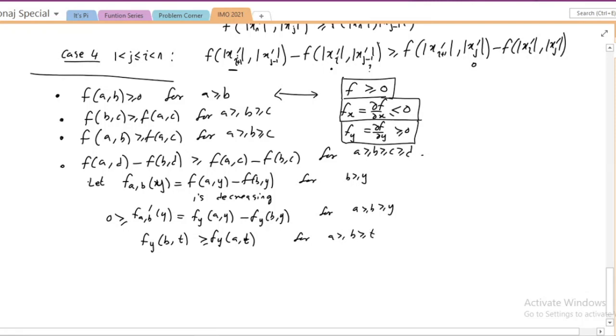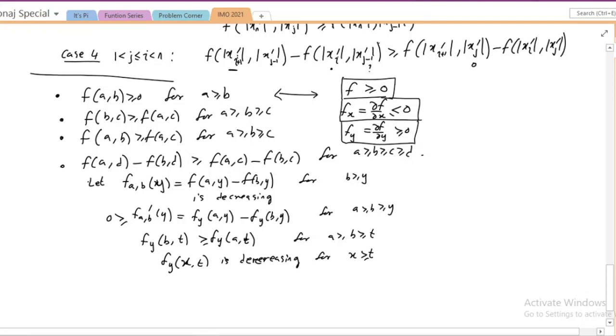So we can picture this now as a function where t is fixed, right? If you look at this as a function where t is fixed, then this function is decreasing. So it means that fy, this t, is decreasing for, let's call it x, for x bigger than t, so in the region x greater than or equal to t.